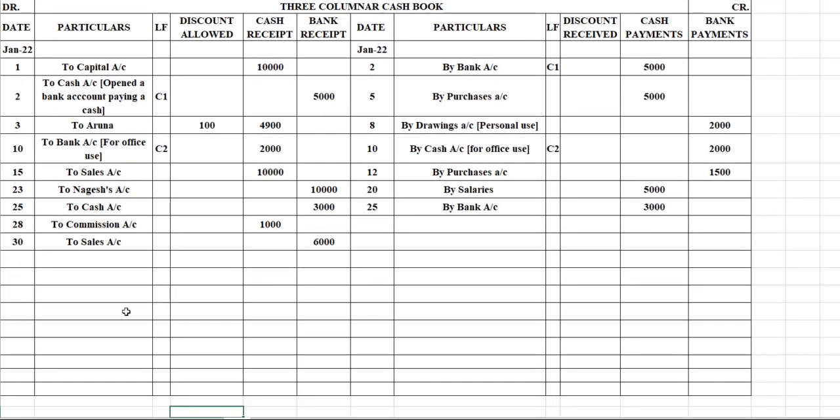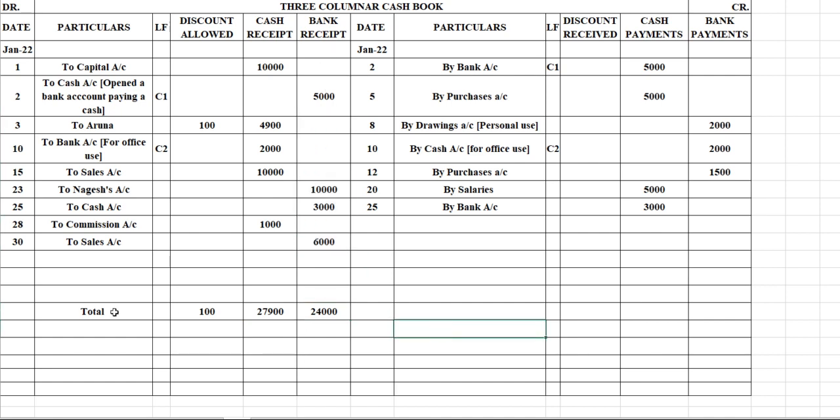Now what I will do, leaving few lines, I will write it as total. Here the total of discount column is 100. The total of these columns is 27,900. The total of these columns is 24,000.